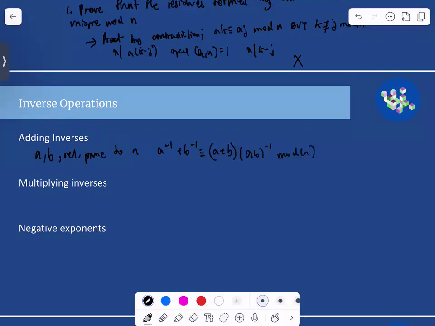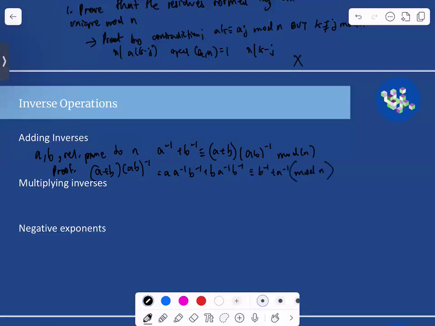And the proof is that (a plus b) times the inverse of ab is equal to a times a inverse times b inverse plus b times a inverse times b inverse, which is congruent to b inverse plus a inverse mod n.